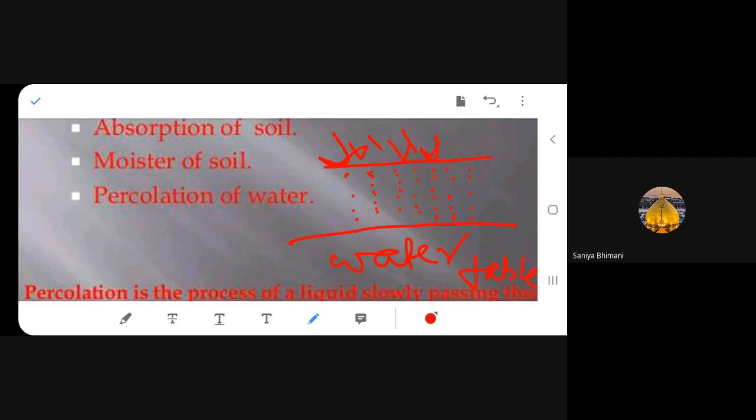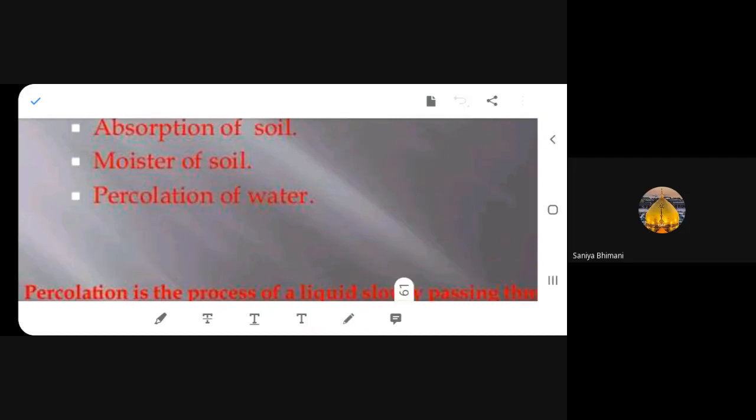The other name is seepage. What is the other name of percolation, beta? Seepage. How much water goes down under the soil and becomes water table for further use is known as percolation. Okay?